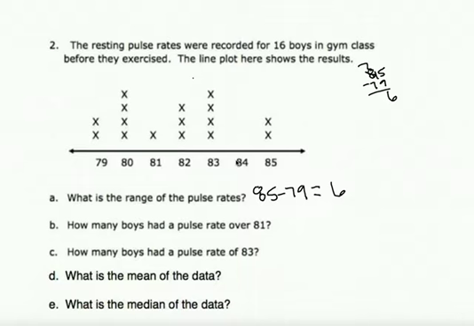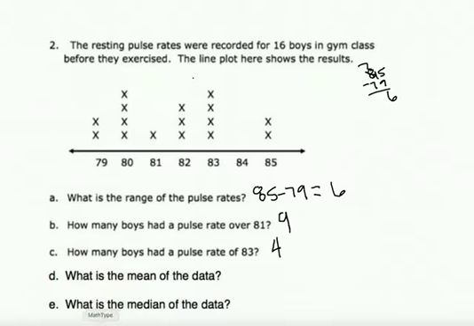So that makes 9. C says how many boys had a pulse rate of 83, and that would be 4.